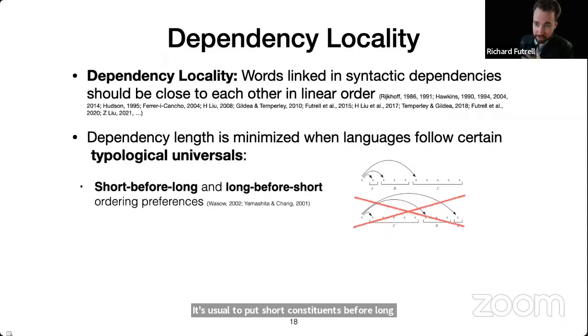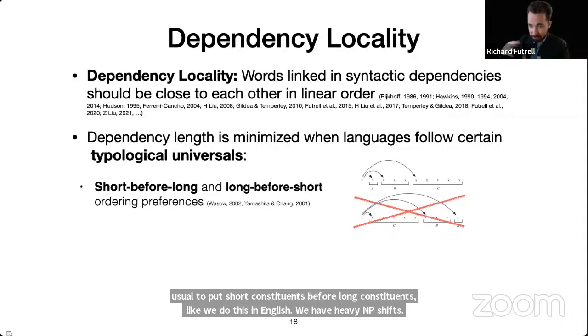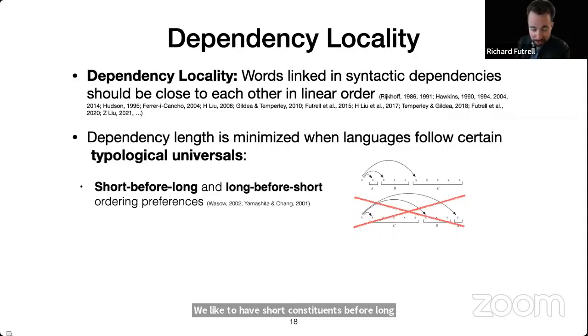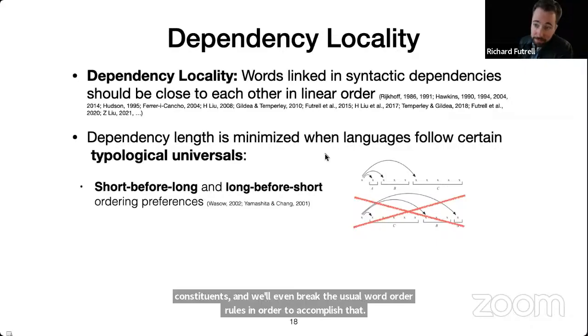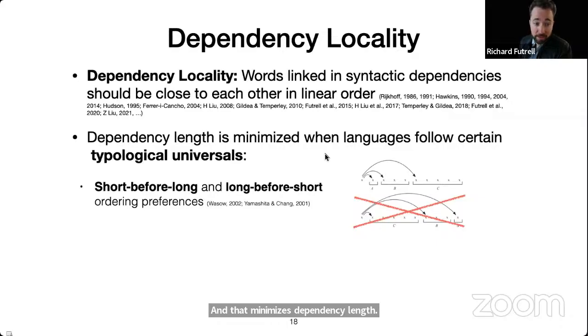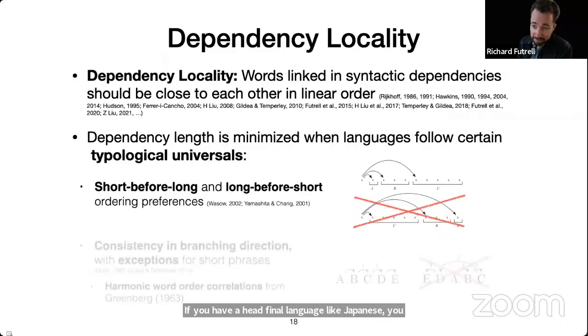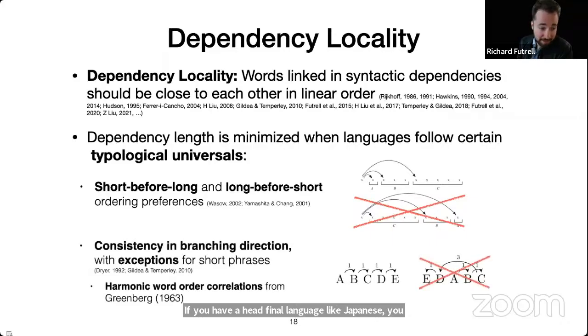We do this in English. We have heavy NP shifts. We like to have short constituents before long constituents, and we'll even break the usual word order rules in order to accomplish that. And that minimizes dependency length. If you have a head final language like Japanese, you would actually want long before short ordering, and you do find that in Japanese, and that supports dependency locality.